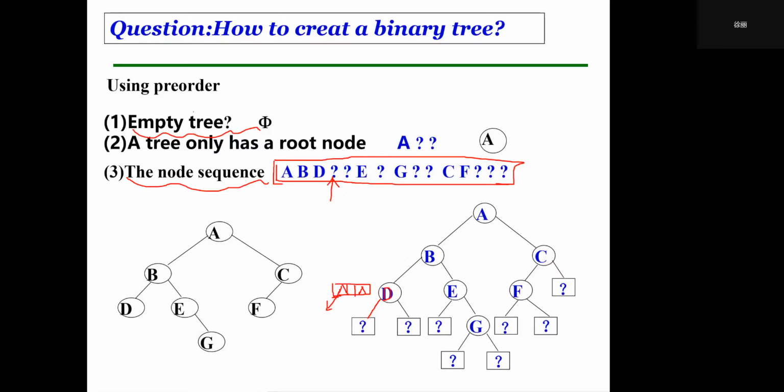If you want to use the pre-order recursive algorithm to create a binary tree, you need to give the sequence like that. Or you can say that's the pre-order sequence of the binary tree like that. This is the logical value of this binary tree. Okay.